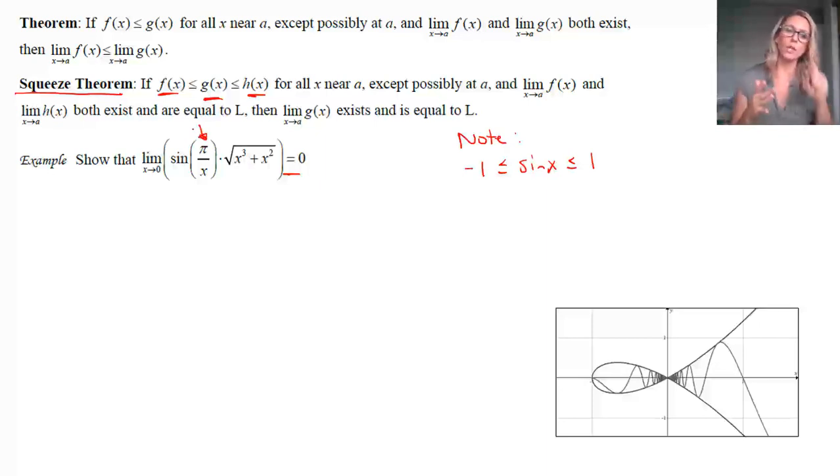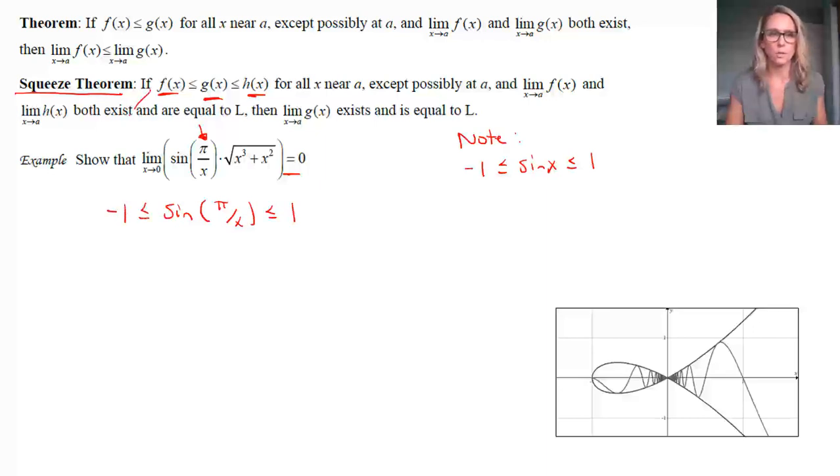You can change anything you want on the inside of a sine, and it'll stretch it or compress it, but it's never going to change its height in this way. So it always still has that range. That tells us that we can first write sine of pi over x is less than or equal to 1, greater than or equal to -1.